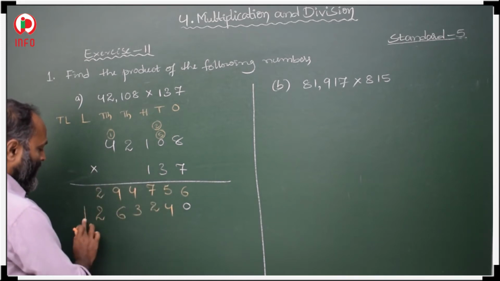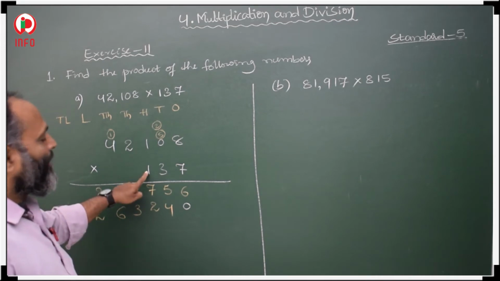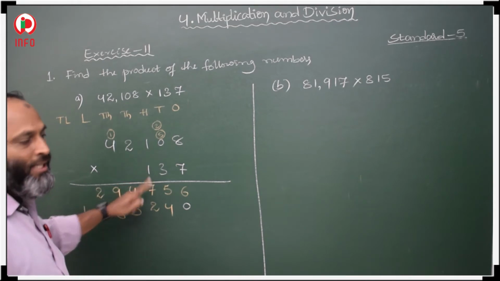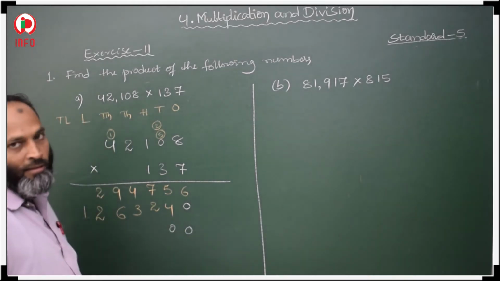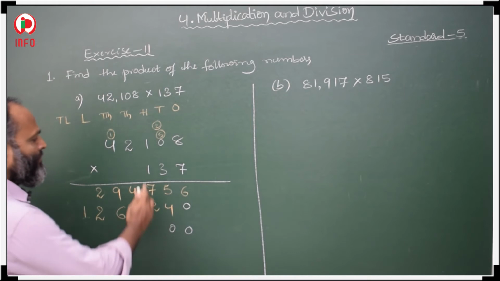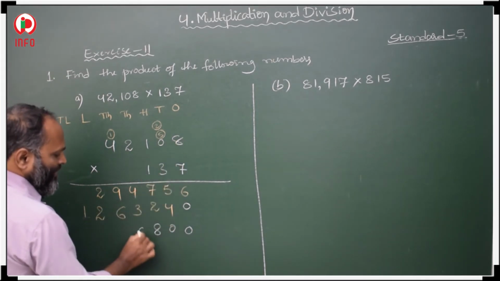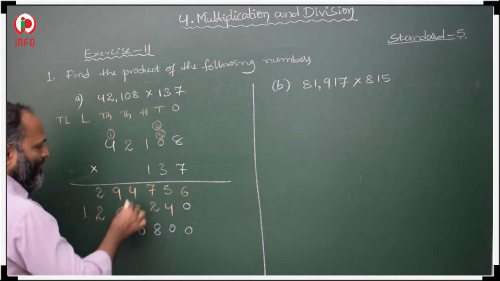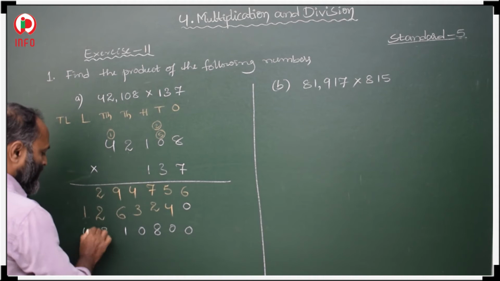That complete number we have to write. Now we have to multiply with 1. 1 is in the hundreds place, so we have to take 2 zeros in ones and tens. Then after that with 1. 1 8s are 8, 1 zeros are 0, 1 ones are 1, 1 twos are 2, 1 fours are 4.